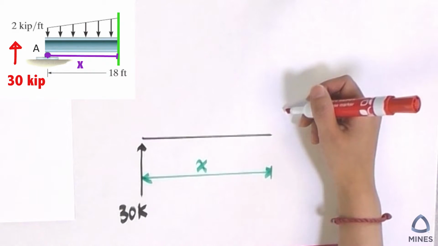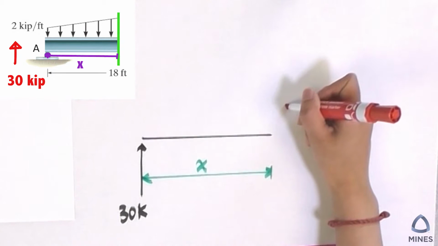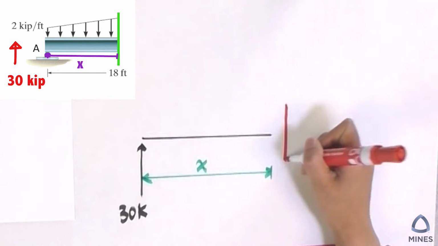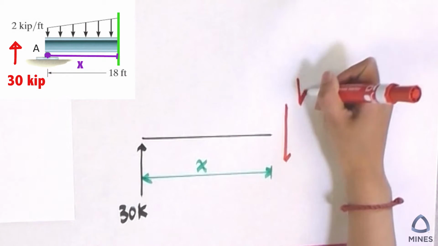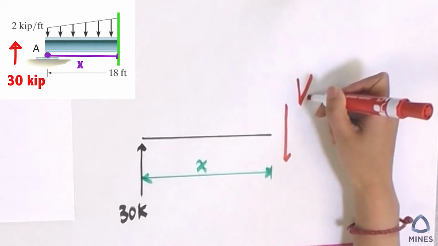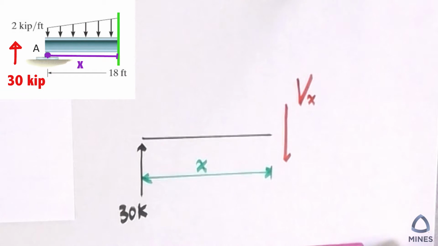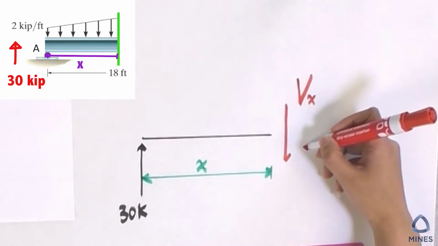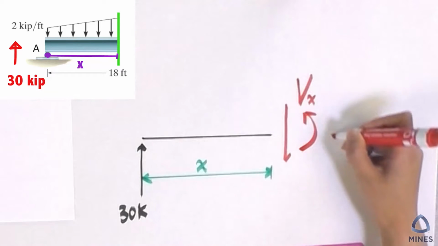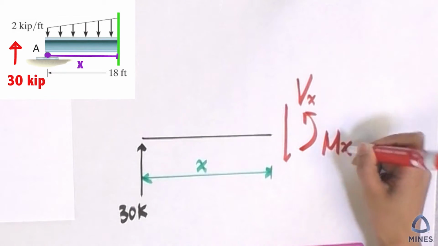However, for this problem we don't have horizontal load, so we are only going to have the shear force, and we put X here to mean it is at the X cutting location. And then we have the bending moment, Mx.